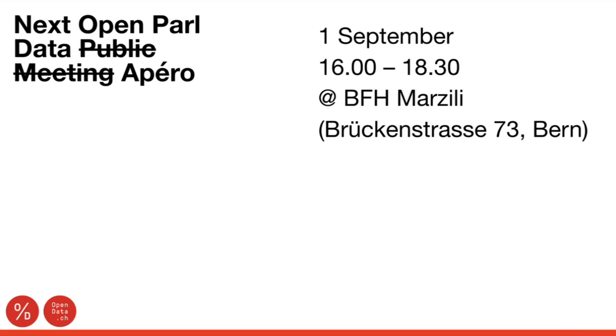So for the next Open Parl Data public meeting, it's not going to be an online meeting, but we're going to do an informal meeting or apero already in 2 weeks, more or less.